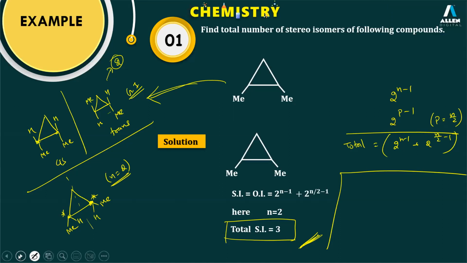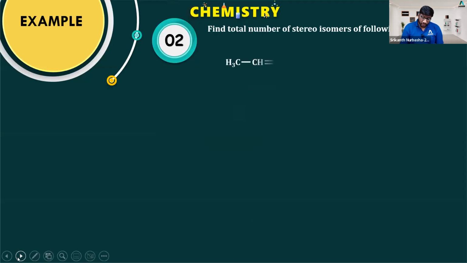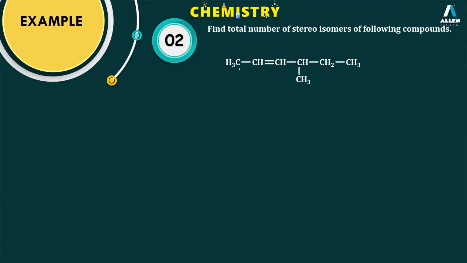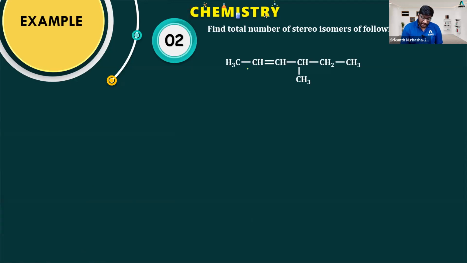Okay, right. Total number of stereoisomers of the following compound: CH3, CH double bond CH, CH3, CH2, CH3. Symmetrical or unsymmetrical? Unsymmetrical. How many geometrical centers are there? One geometrical center, CH double bond CH.